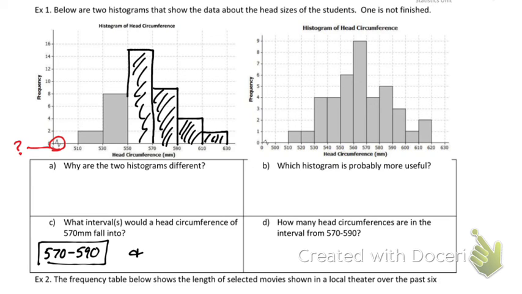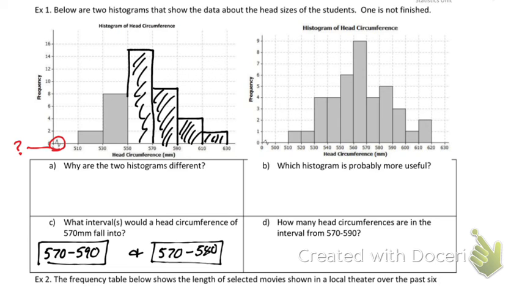We could just leave the 570 to 590 if you're just like, I get it. But it also falls into 570 to 580 in the other one. Once again, when I say 570 to 580, I am implying that 580 goes to the next bin. You have to understand that when we're talking about histograms, that goes to the next bin.